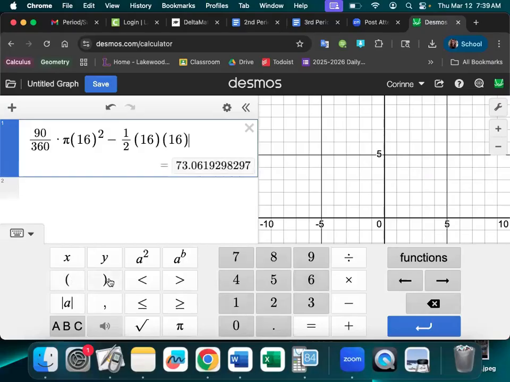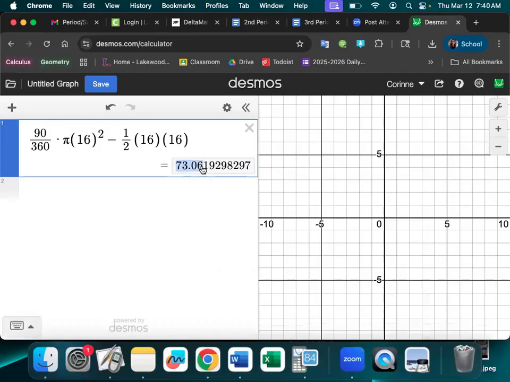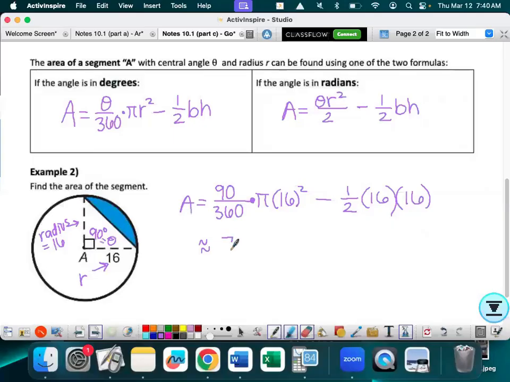And we get 73.06. And because I don't see a unit on our radius, we're not going to put a label on this area. We'll just leave it as is, unless you wanted to write in general units squared.